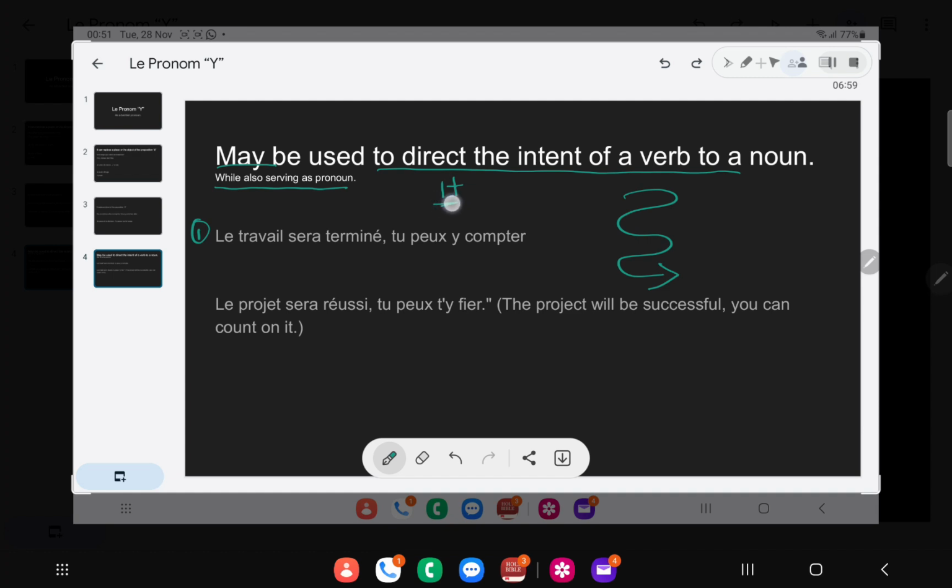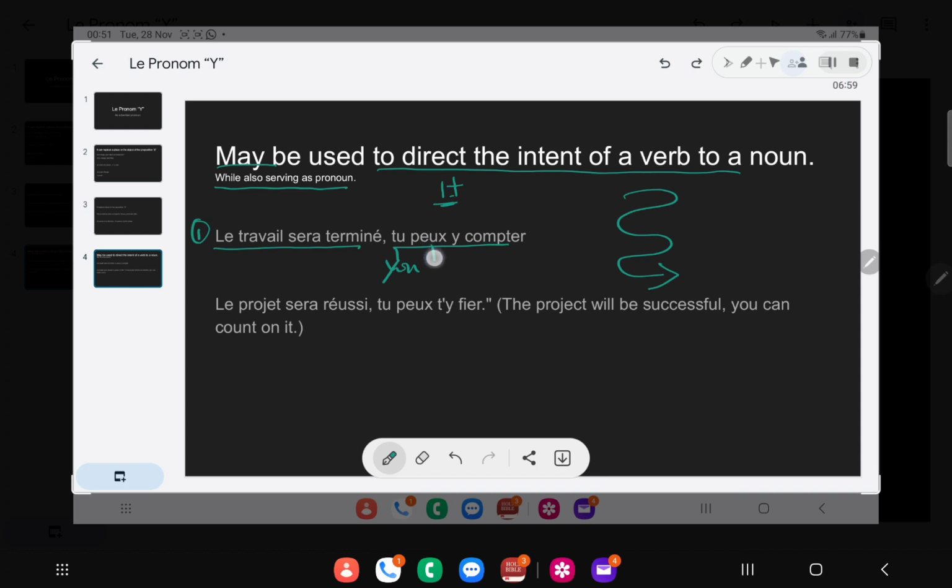Most times, "it" is the English translation of the word replacing the main noun in the first sentence. Let me not confuse you. Let's just look at examples. Le travail sera terminé, tout pays compté. The work will be finished. You can count on it.